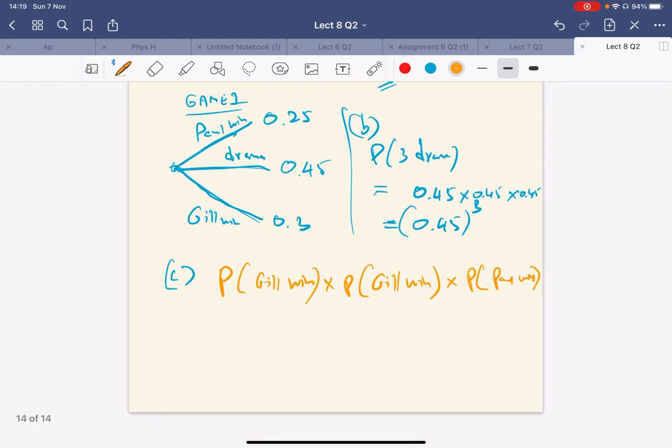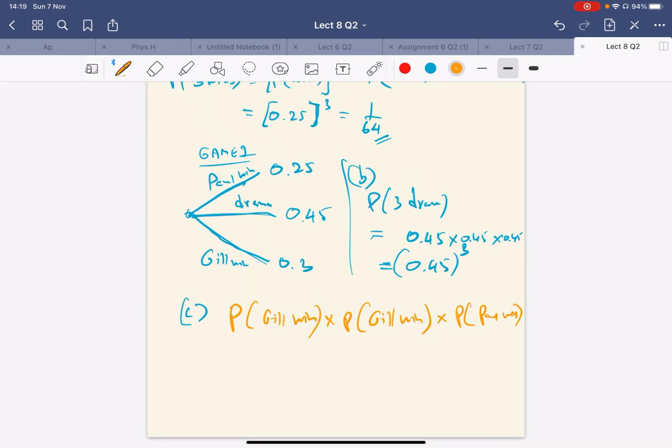Now, what if, can it be this? Or can it be, since this is the first game, this is the second, and this is the third, that Gil wins the first game, but in the second game Paul wins, then Gil wins the third game, right?